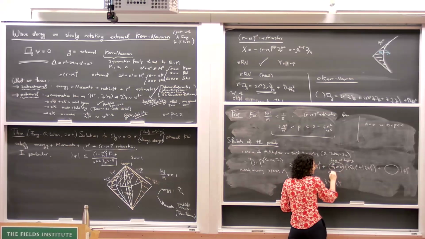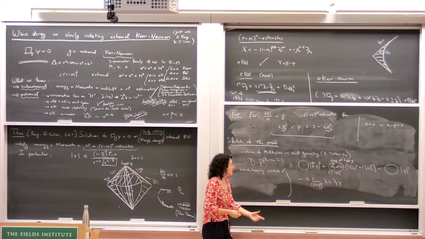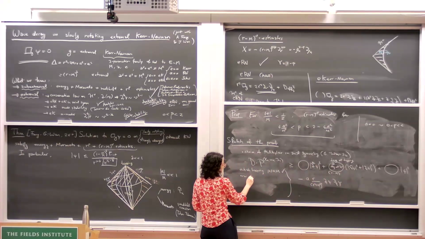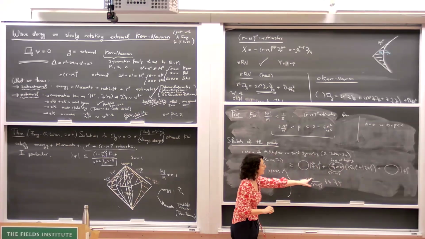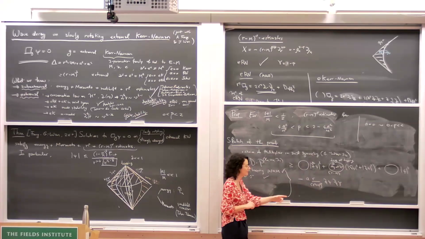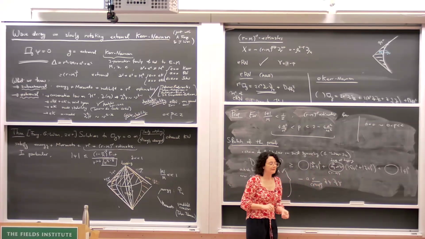So you will have a factor here, r minus M. So this is 0 at the event horizon. Now you see, if you're near scri, this actually decays very fast in r. So it's fine, you have a very fast decay in r. You don't even need the smallness of a.